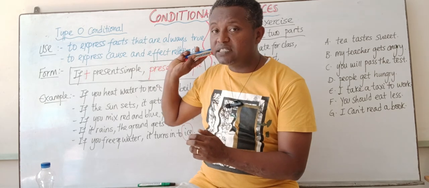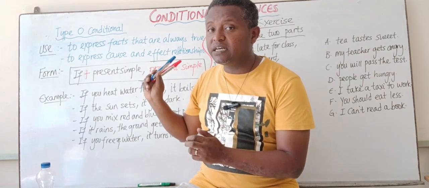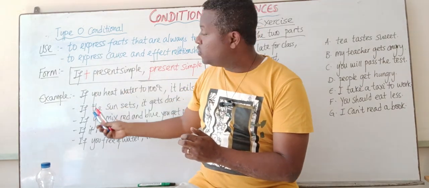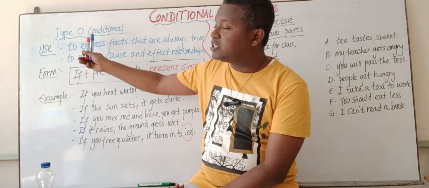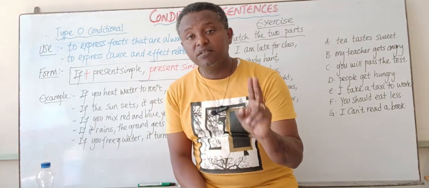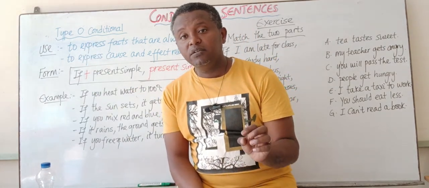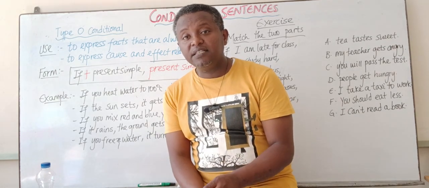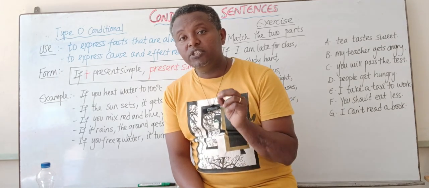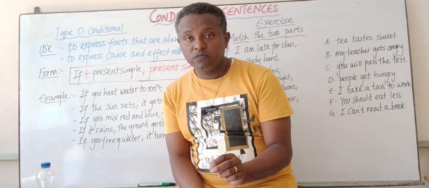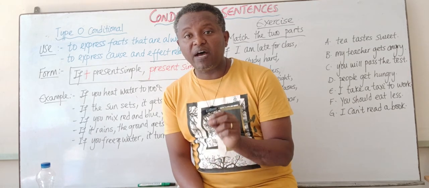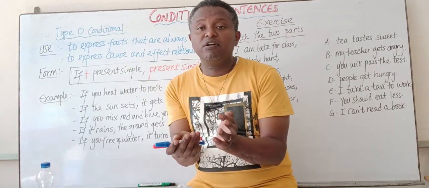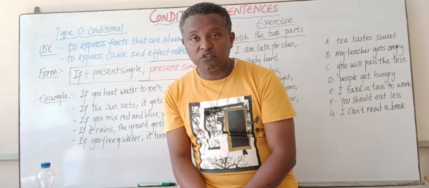So generally, before we move on to the exercise part, I'd like to do a quick review. Type 0 conditional has two functions. One, to express a cause and effect relationship between two things. The other is to talk about generally true things, facts, or scientific truths.